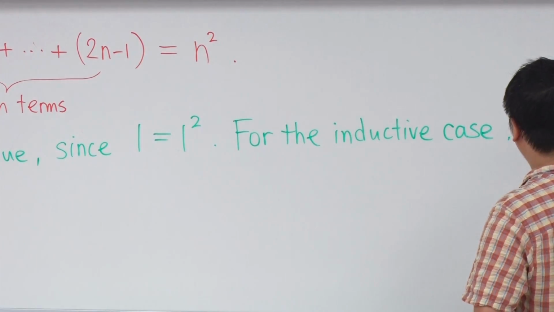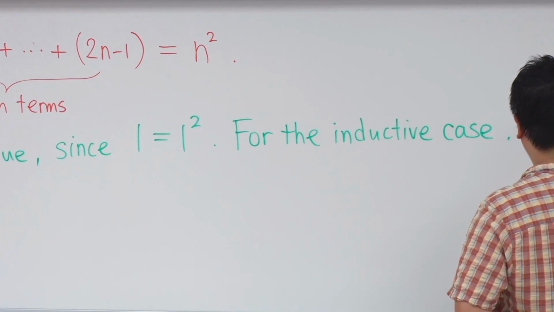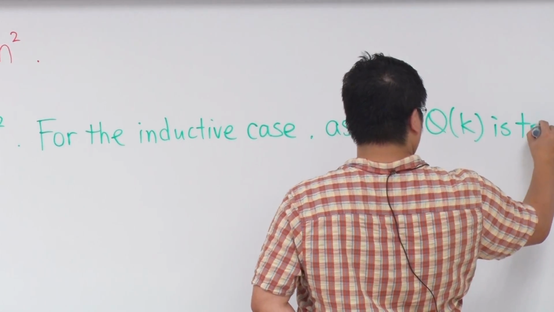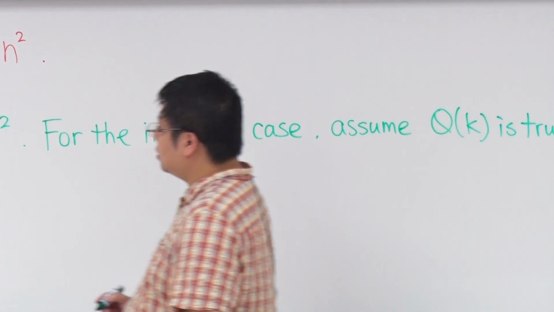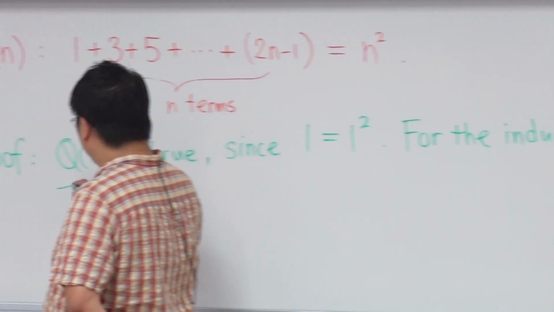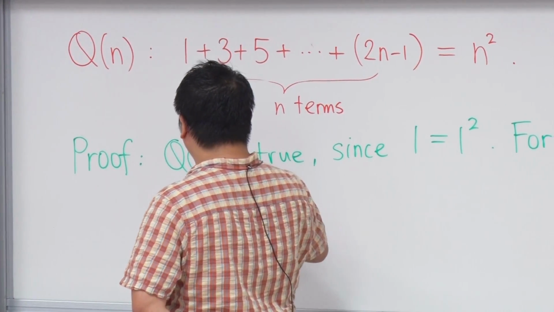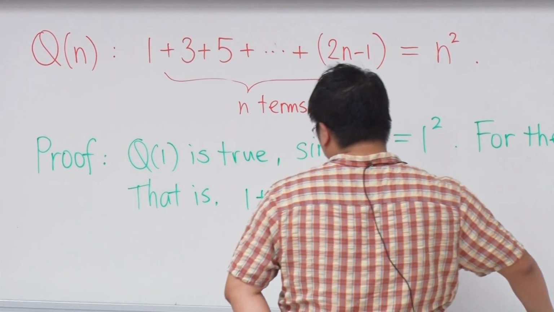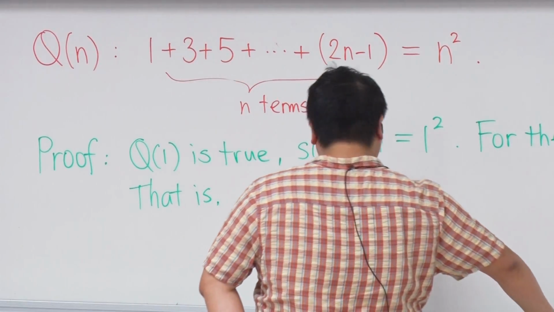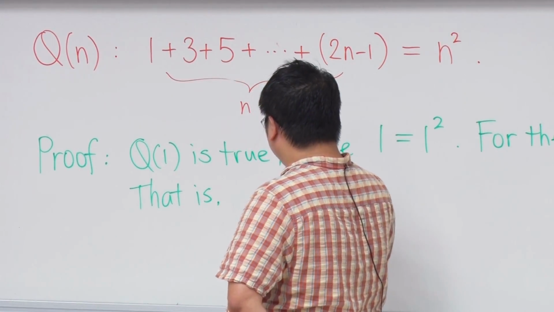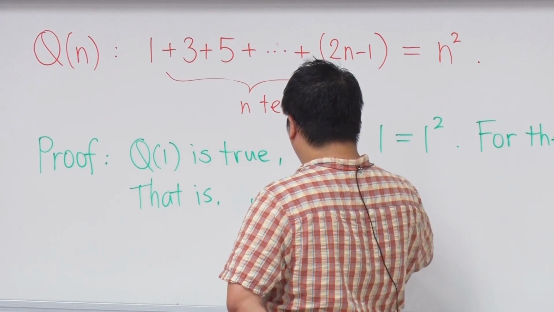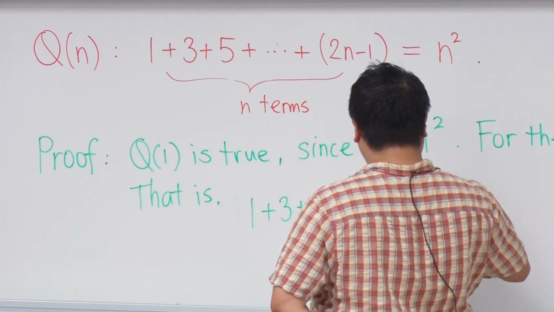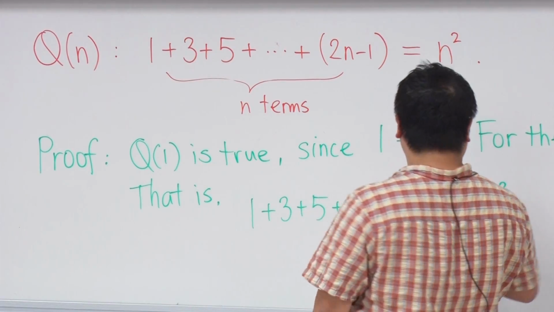we assume that Qk is true. So what is meant by Qk is true? That is, 1 plus 3 plus 5 plus ... plus 2k minus 1 is equal to k squared.